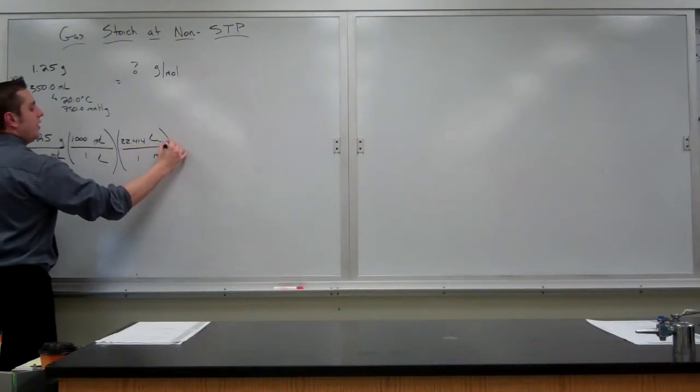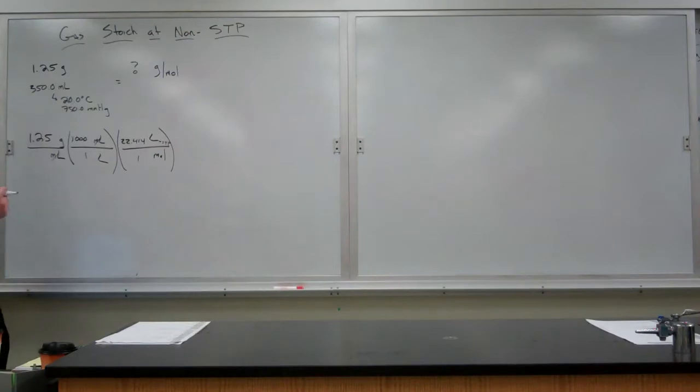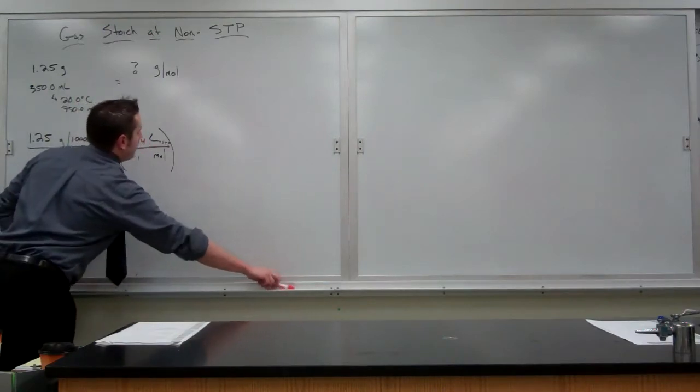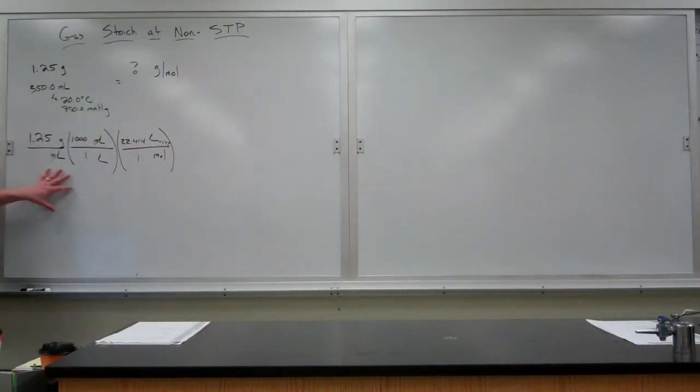However, this is only true at STP, and my volume originally is currently not there. So if I am going to be able to plug in, the milliliters that I plug in here have to be the milliliters at STP.